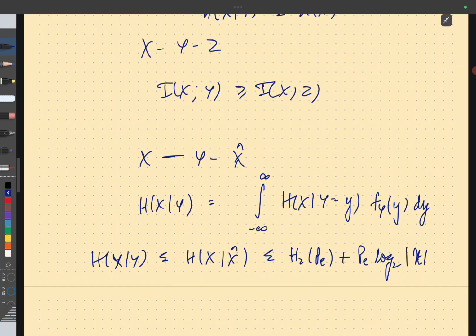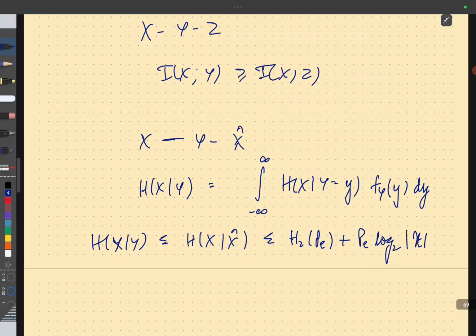What is the mutual information of x and y if x is discrete and y is continuous? How can we write the formula? If x is discrete and y is continuous, again you have h of x minus h of x given y. That still makes sense, right?